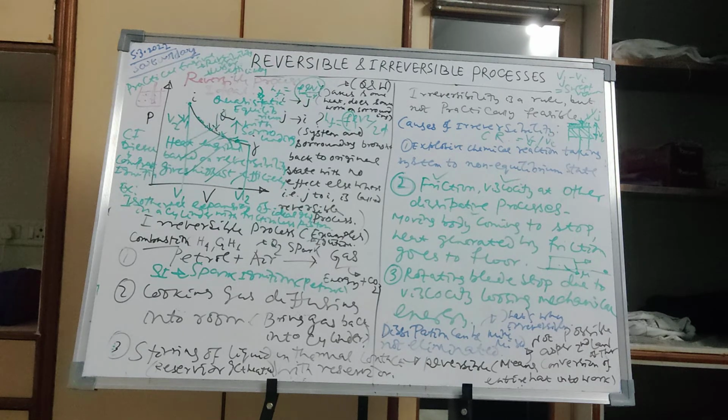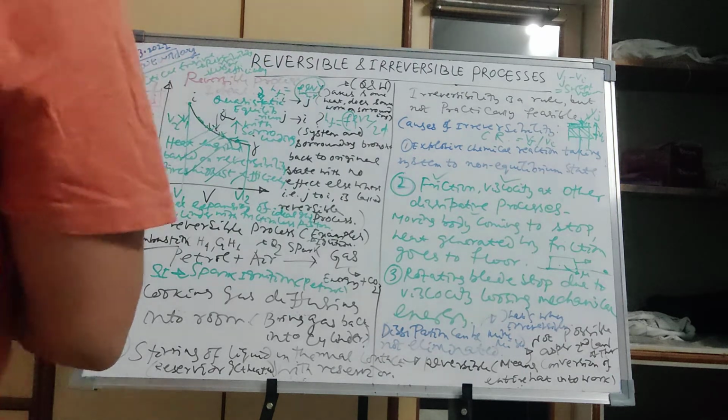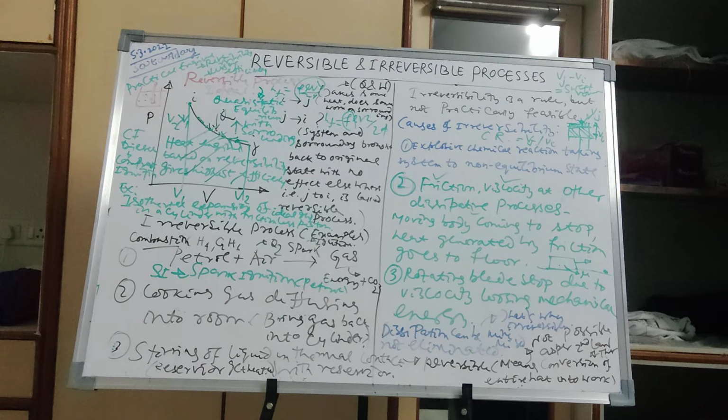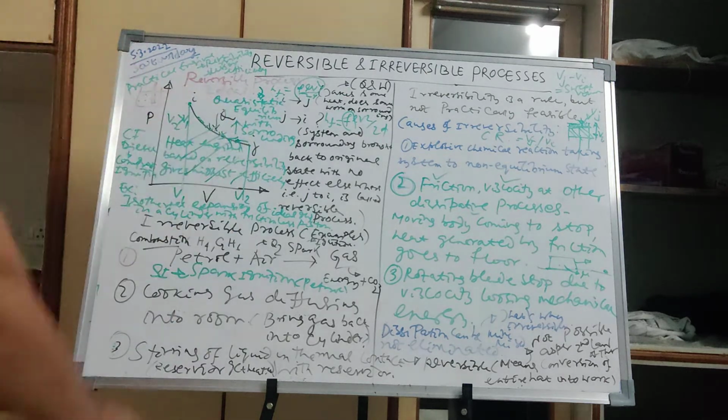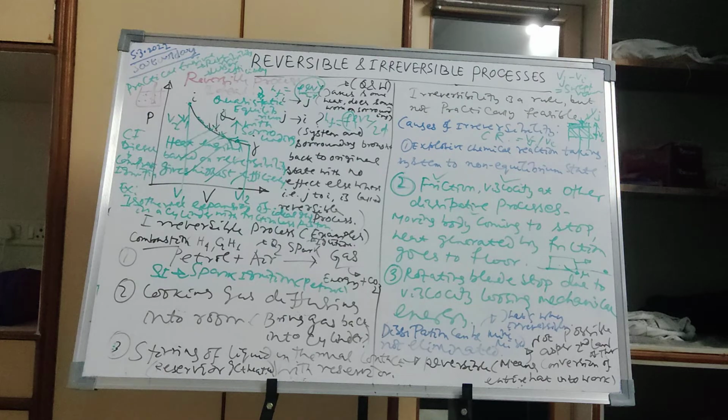To make it reversible, the system has to go through each and every step from I to J, and every point has to be quasi-static, in equilibrium with the surroundings, which is not possible. To achieve a reversible or ideal process, you need quasi-static equilibrium with the surroundings, which is not possible.